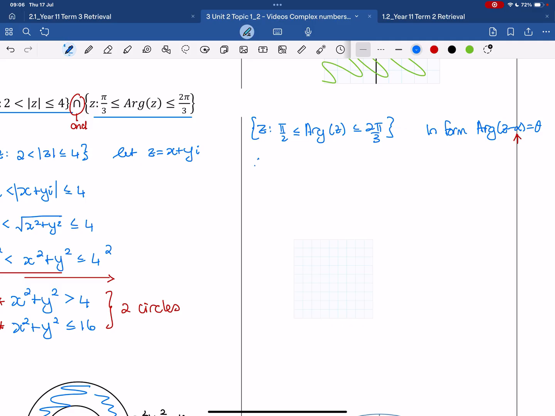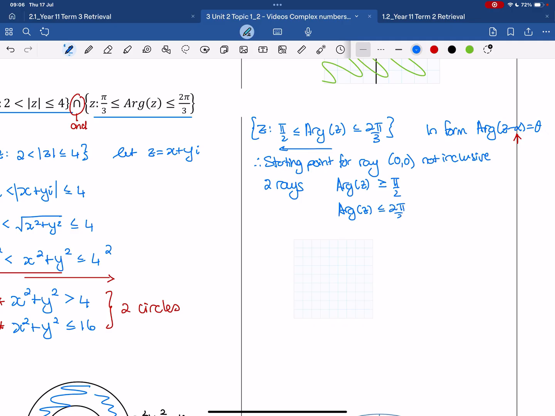Okay, so therefore my starting point for my ray is going to be at 0, 0, and it's not inclusive. And I've got 2 rays at 2 different angles. Okay, so 2 rays, because I've got the argument of z is greater than or equal to pi on 3. I'm reading it from that side. And I've got the argument of z must be less than or equal to 2 pi on 3 if I read it in that direction.